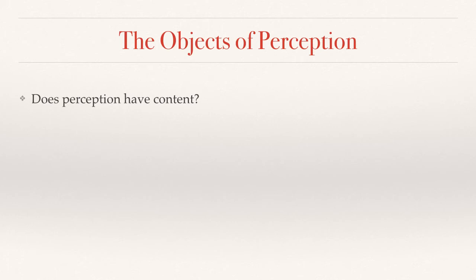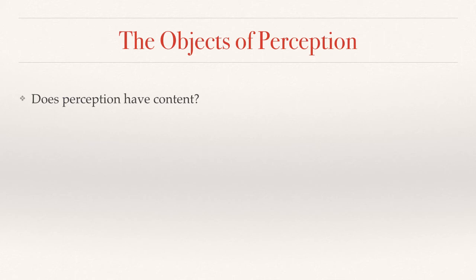Okay, so now we'll turn to some of the more traditional questions in the philosophy of perception. These more traditional questions have tended to revolve around the issue of whether perceptions have content like intentional states do, or whether they don't have content.